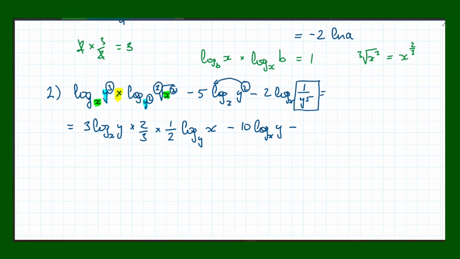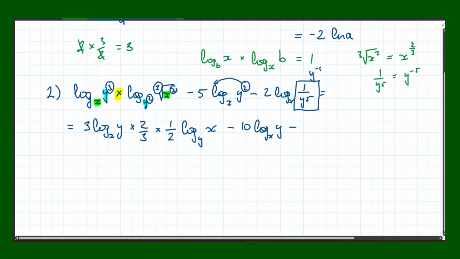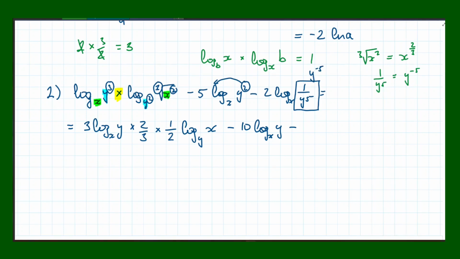And here again, I have to draw on my knowledge of exponents. 1/y to the 5 is simply y to the -5. Remember, a 1/ exponent can be rewritten as a negative exponent. So this is y to the -5, and then when I bring out that -5, I'm going to multiply it with the -2 that's already here. So altogether, that's going to give me plus 10 log xy.